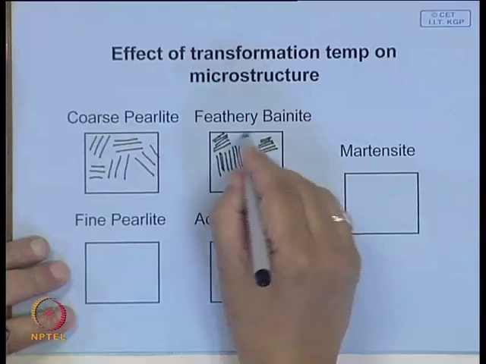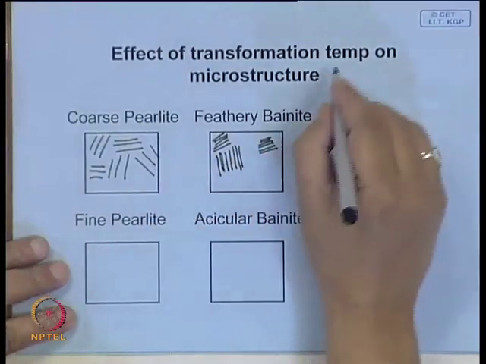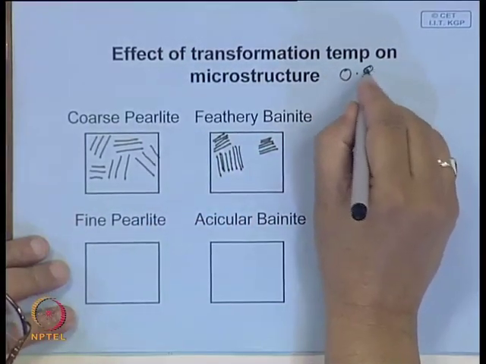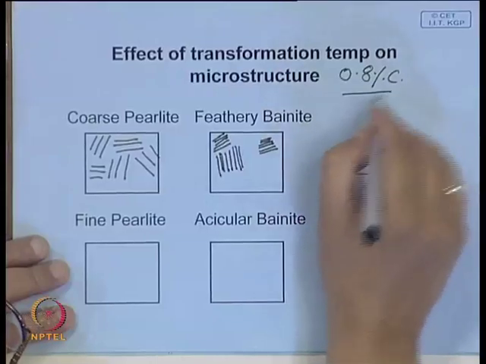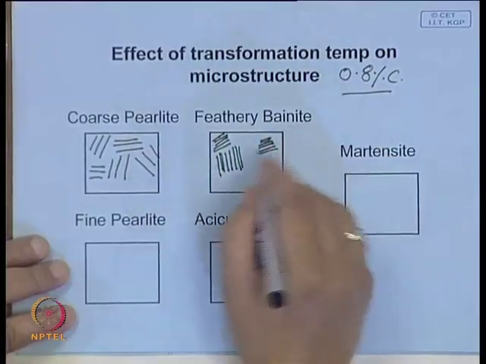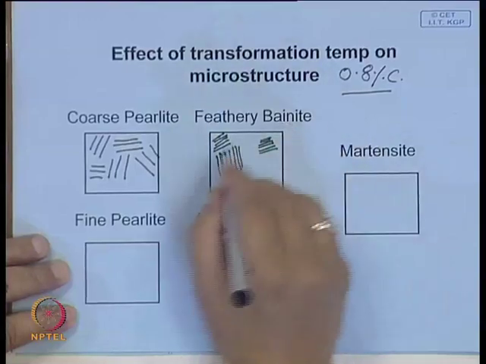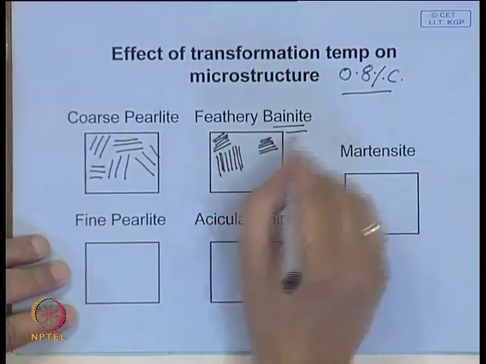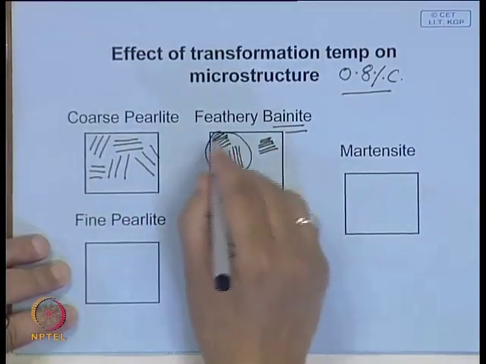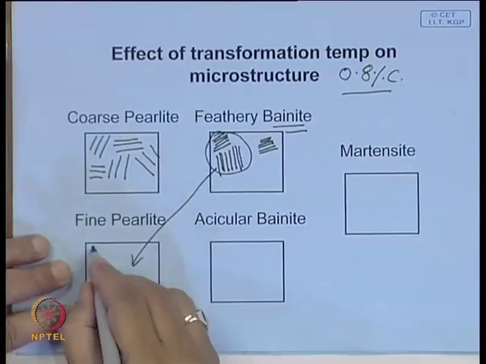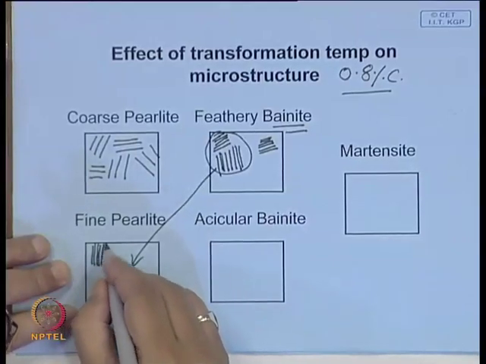The entire portion will be filled up; if it is 0.8% carbon steel, it will be 100%. Sorry, this is the fine pearlite. We will come to this bainite a little later. So, this is where you will have very fine pearlite.